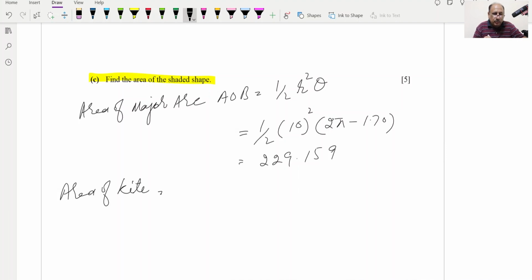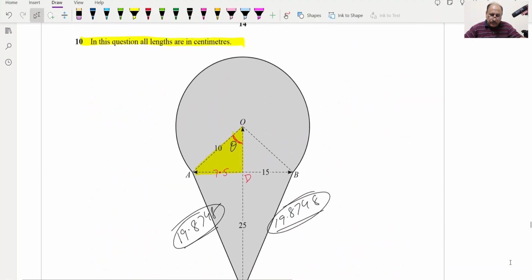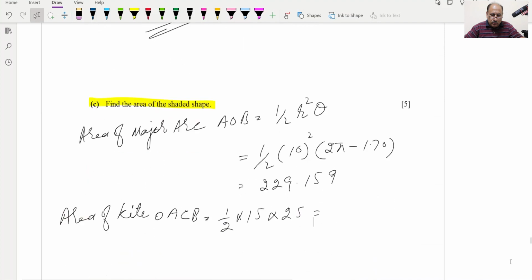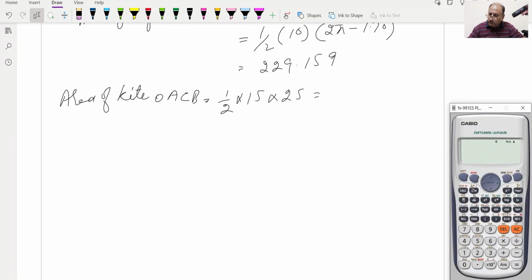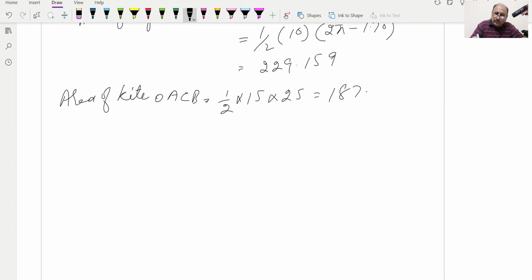Area of kite OACB will be equal to 1 by 2 of one side and the other side. 15 is this side AB, and 25 is OC. So it is half multiplied by the two diagonals: 0.5 into 15 into 25, and this gives us 187.5.